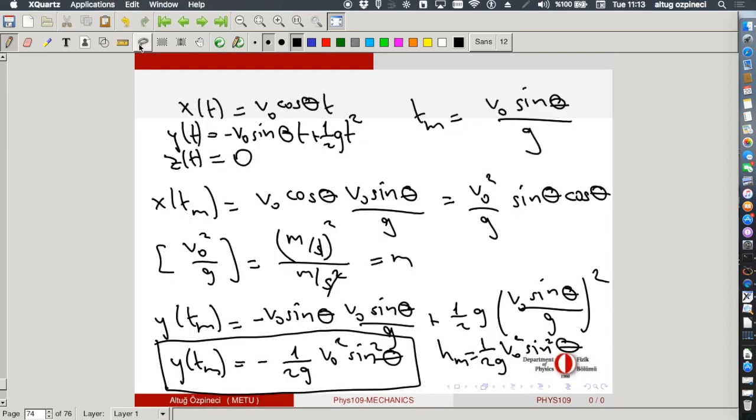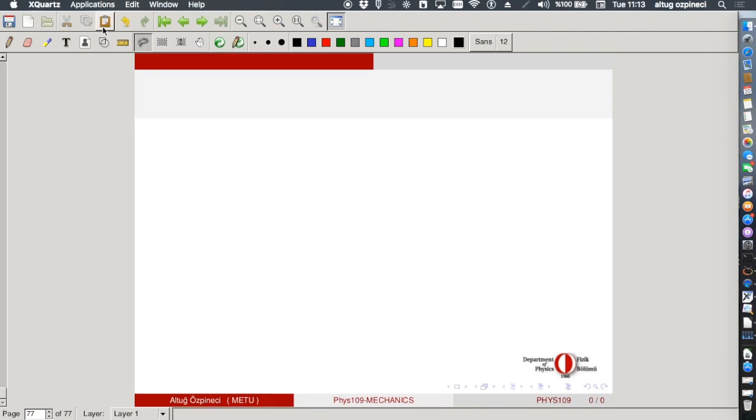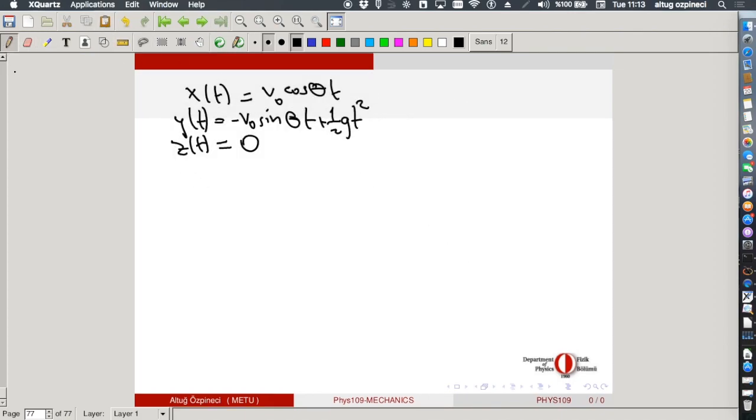So these are the positions as a function of time. What I want to find is y as a function of x. You tell me what the x component of the position is, I will tell you what the y component is.